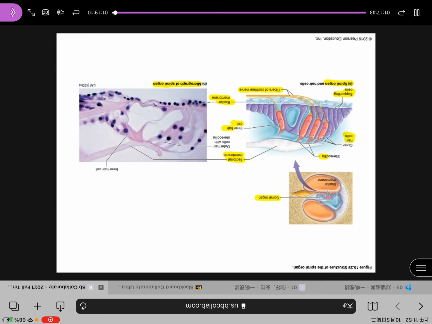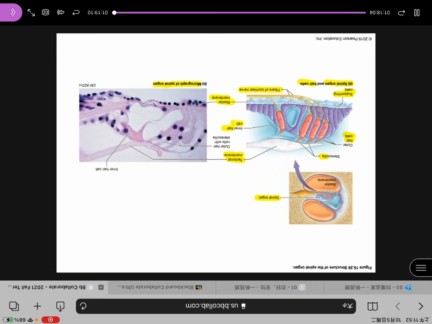So there are some of the important things that are highlighted for this diagram: the hair cells, the supporting cells, the tectorial membrane, the basilar membrane, the cilia, and then the fibers of the cochlear nerve.